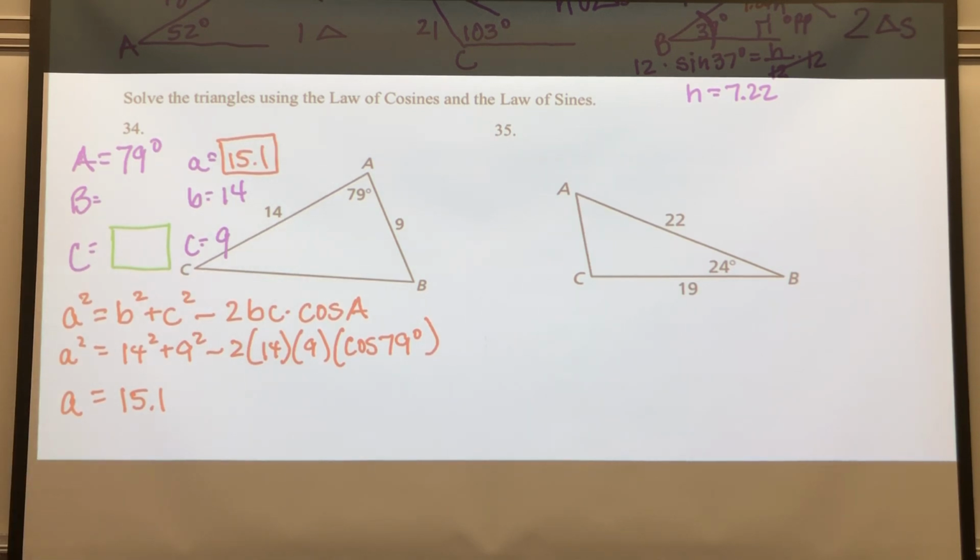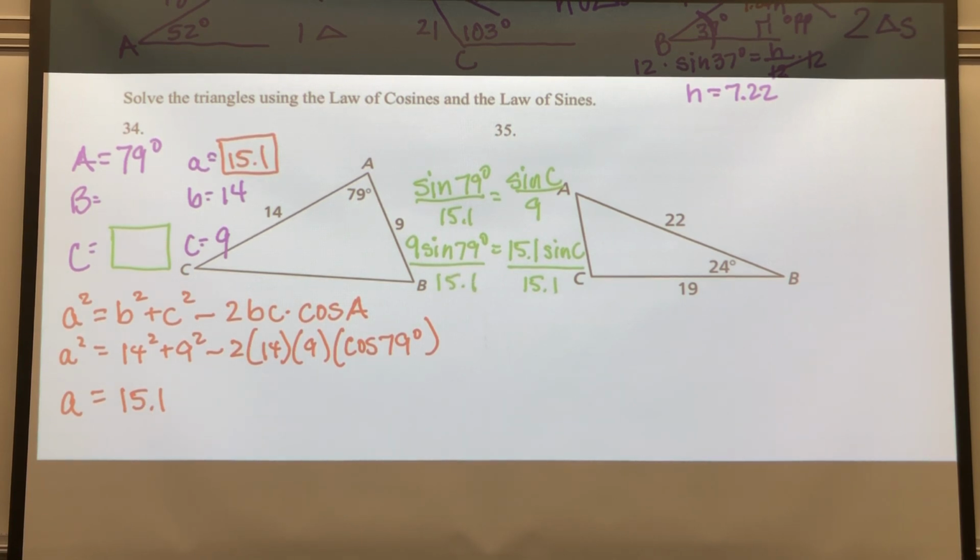So I'm going to do sine of 79 degrees over 15.1 equals sine of C over 9, cross multiply, divide by 15.1 on both sides.